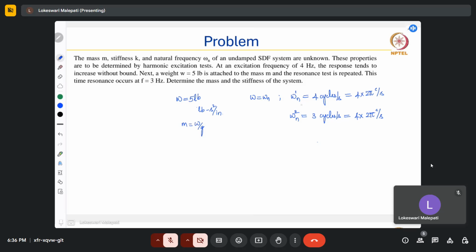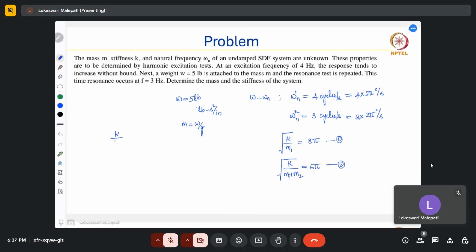Now we will just substitute for omega n. Omega n1 will be square root of k by m1, which we can call as equal to 8 pi. And root of k by m1 plus m2 will be 6 pi. Now we can take the ratio of this. We can square on both sides.